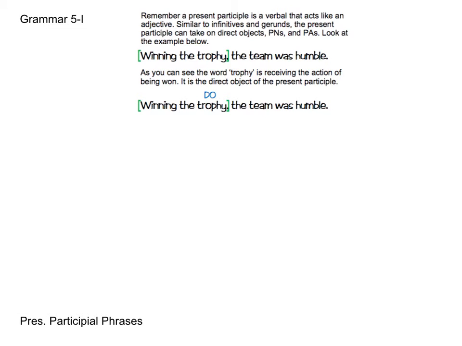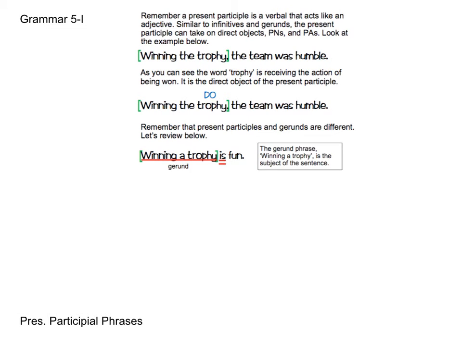So make sure you're taking your time, and now we're going to look at present participles and gerunds and how they differ and how we can tell the difference between them in two different sentences. We're going to start with this sentence: winning a trophy is fun. Notice in this sentence, winning a trophy can't modify anything. There's no noun or pronoun to be modified.